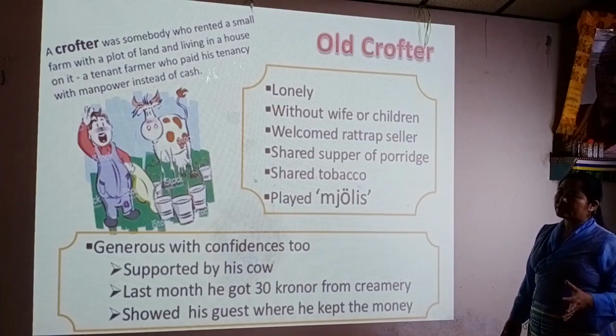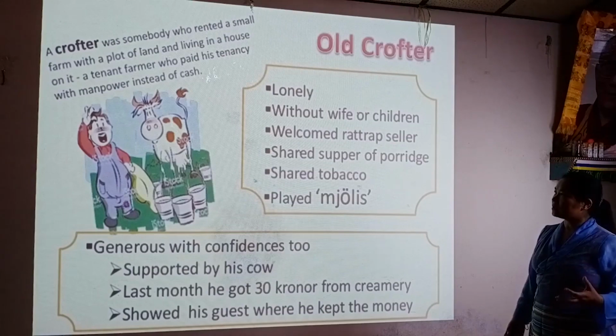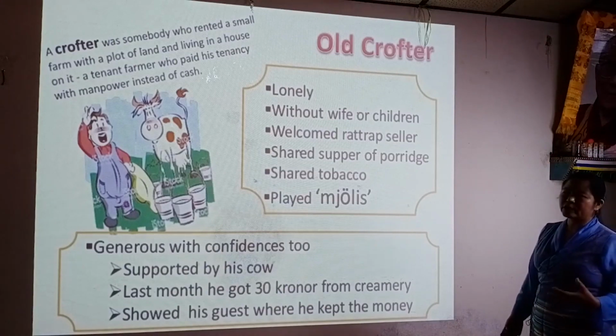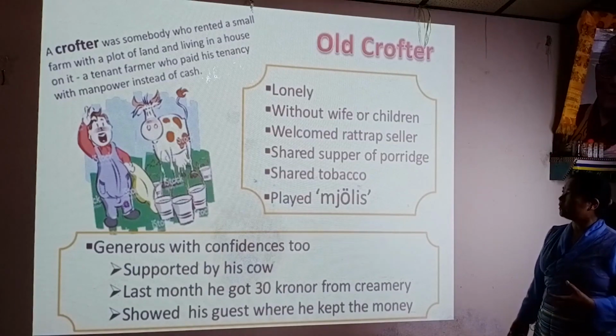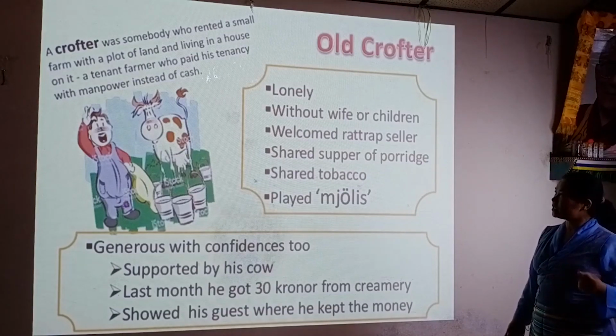He was generous and he shared his supper of porridge with the peddler. He did not only give him shelter for the night, he even shared his supper of porridge. And not only that, he even shared his tobacco.